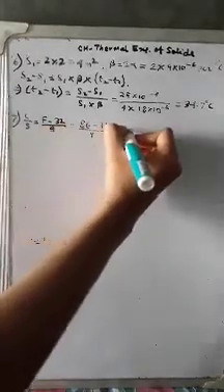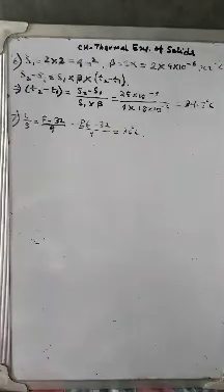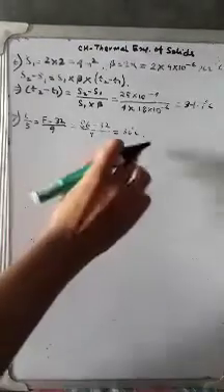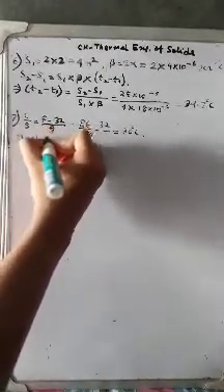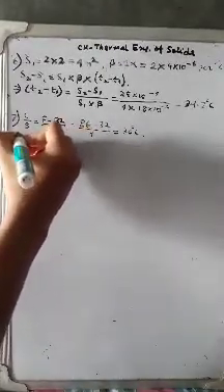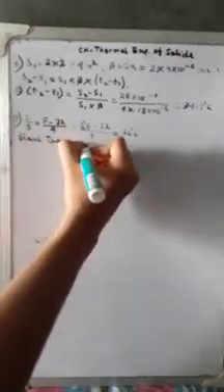Just calculate it. You will get 30 degrees C. So the final temperature you will get as 30 degrees C. I was writing here: final temperature equals 30 degrees C.